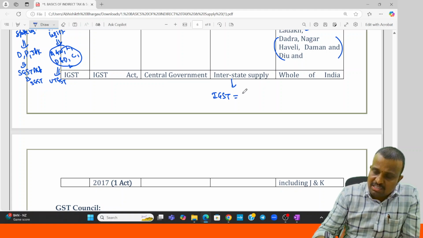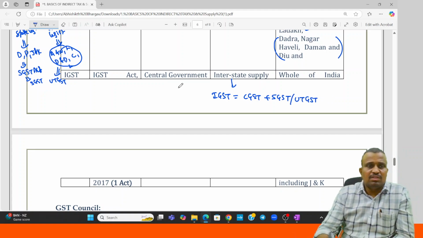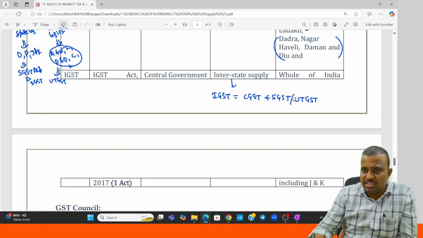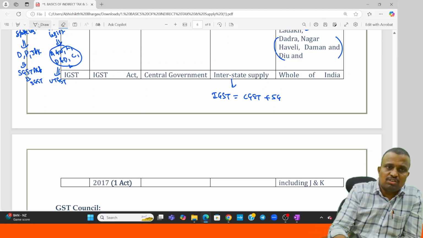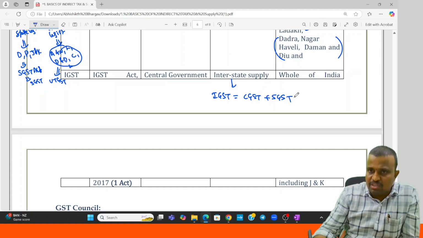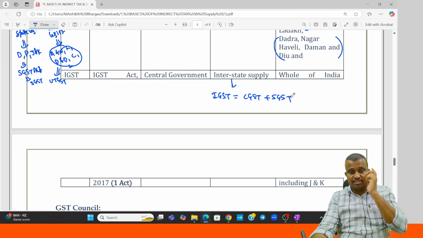That IGST consists of two components: one is CGST and the other is SGST or UTGST. Generally, UTGST is also levied by the central government because it is under the administration of the central government only, so we consider only CGST and SGST.